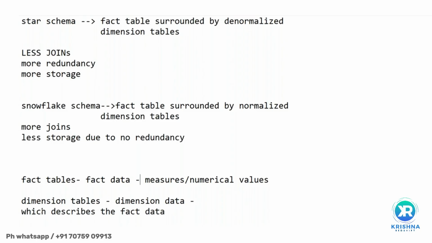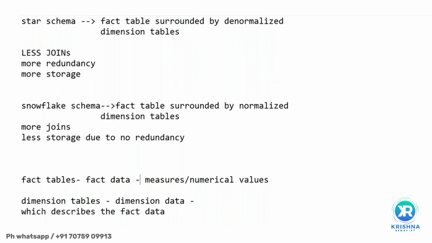All those things, they will maintain the history at the dimension table level. Similarly, if the manufacturer changed, that will be captured in the dimension tables. We will discuss the history in detail later.